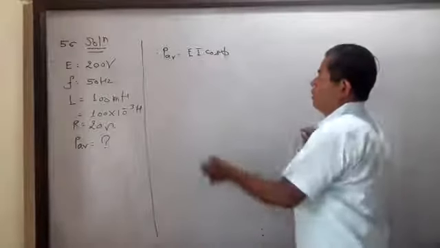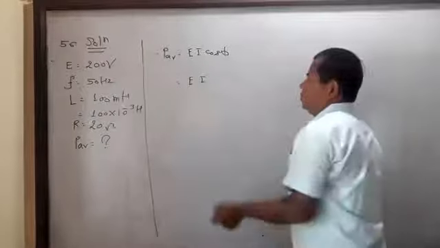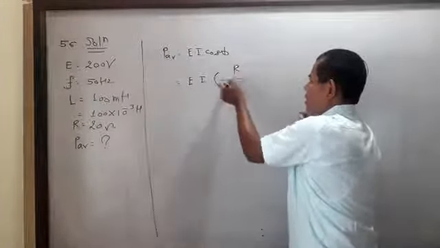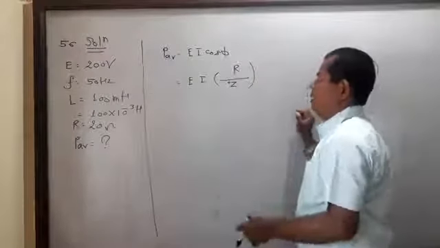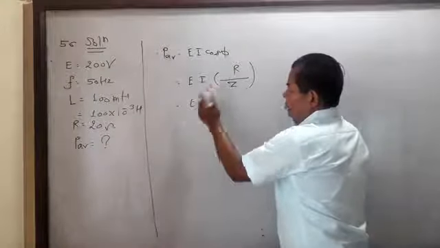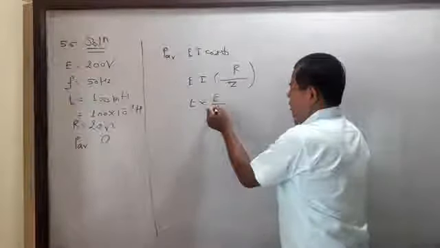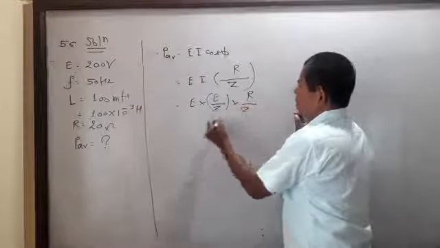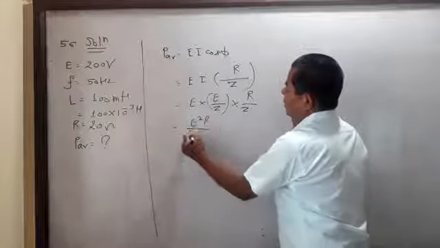Cos phi has value R divided by Z, and I is not given to us, that's why I is equal to E by Z. So PAV is E by Z into R by Z, means E square into R divided by Z square.